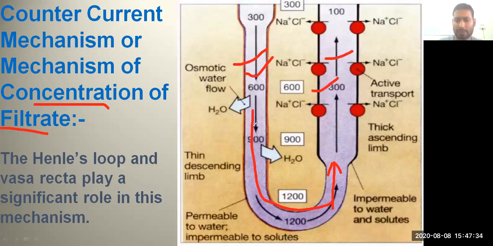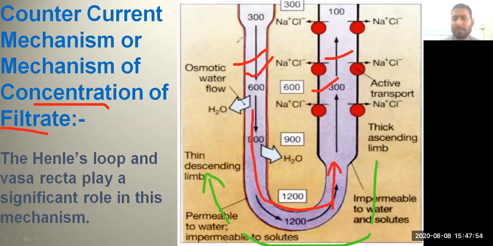Why? Because one is moving in this direction, and in the case of the Vasa recta, the blood also flows in the opposite direction. So there is the formation of a counter current. That's why it is called the counter current mechanism, or the mechanism of concentrating the filtrate. Why do we say concentrate the filtrate?